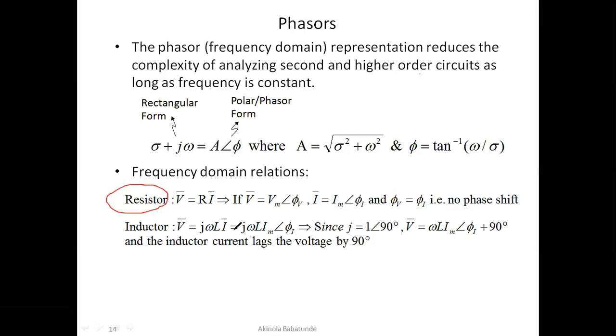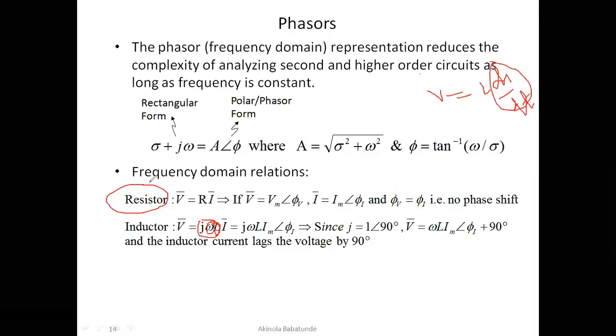Don't forget, when we talked about an inductor earlier, we said that V is always equal to L di/dt, with respect to time. So that L is what we have here, and the di/dt is the current. This jw tells us that this is an imaginary term, and w is our angular frequency because we are in the frequency domain.